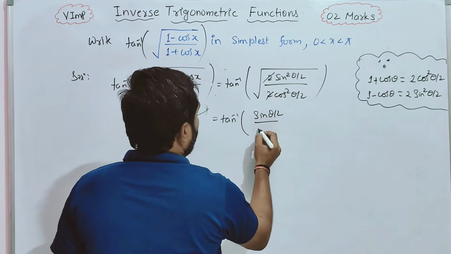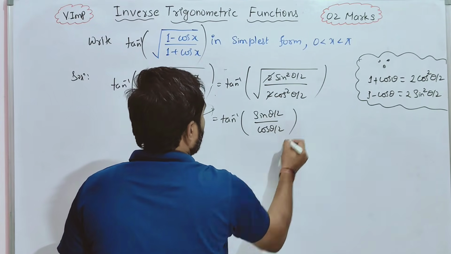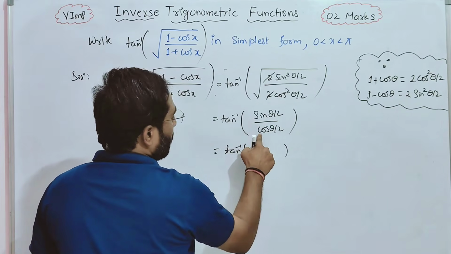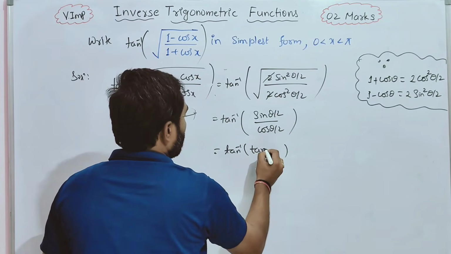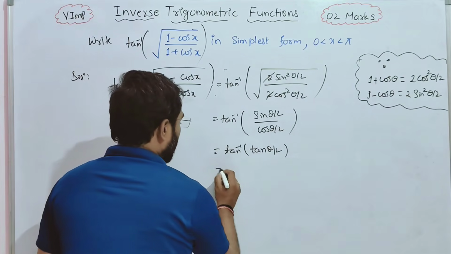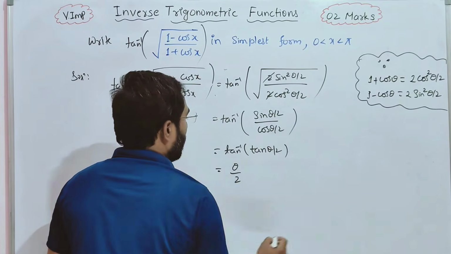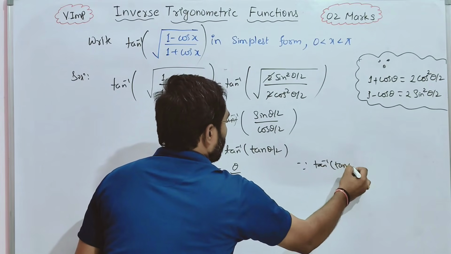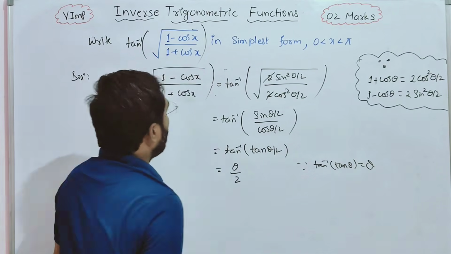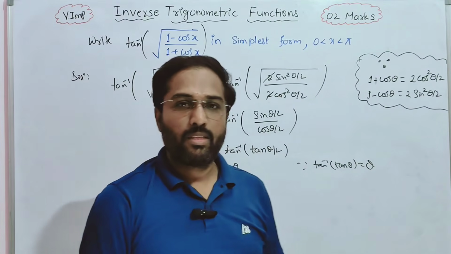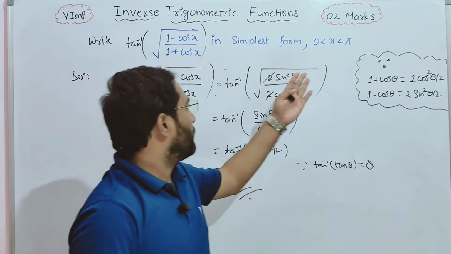Root cos square is again cos theta by 2. So you know the formula: sin theta by 2 divided by cos theta by 2 is tan, and the angle is theta by 2. So tan inverse of tan theta by 2 is theta by 2, and that's it, your simplest form. Isn't it easy? Just remember these two formulas and substitute.